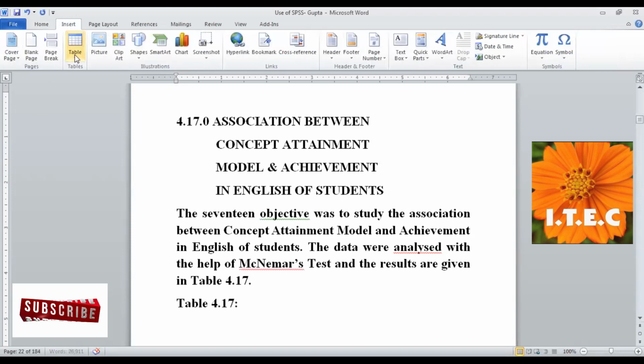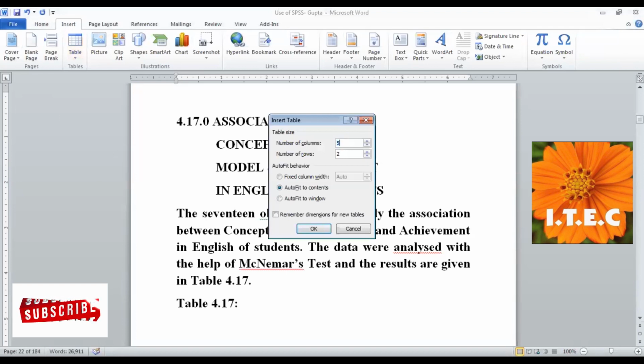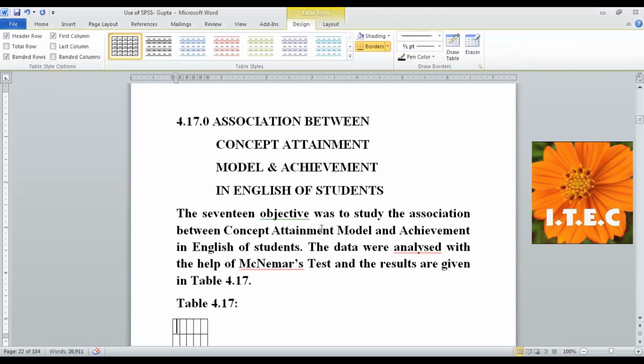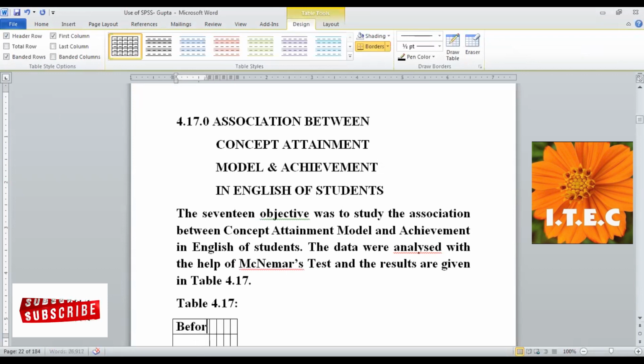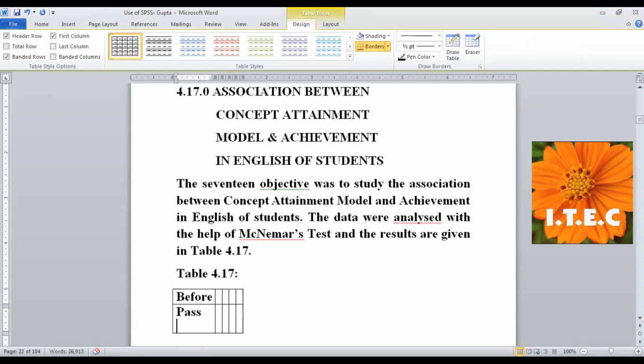Let's insert the table. So here it is before, pass, fail.